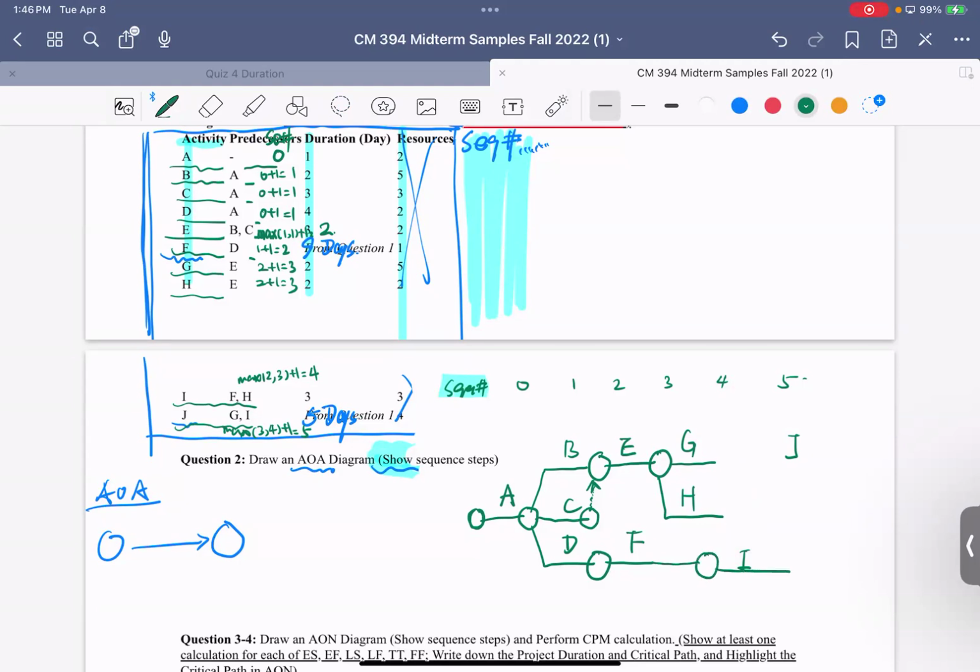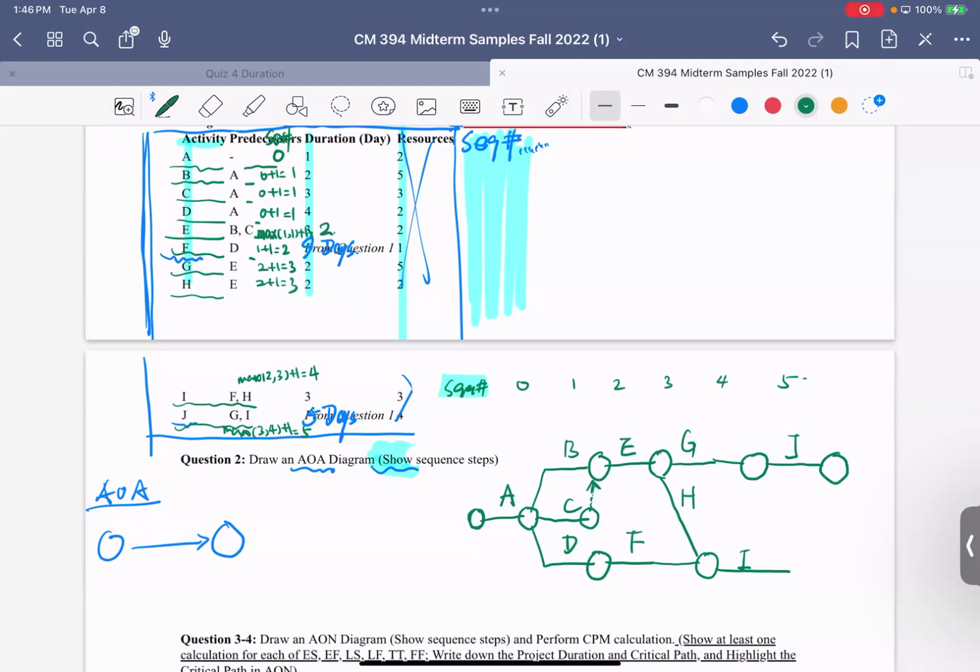And then we will do the next one, H to I. H to I, we can move this one and draw a straight line down, right? And then we have the last one, G. Can we do this? And we'll end here.